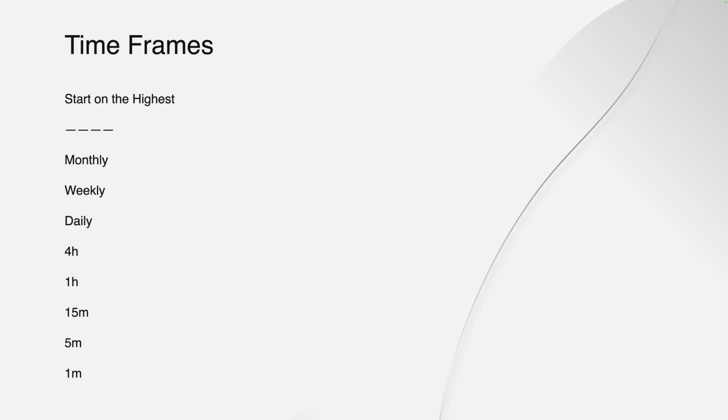And when every time frame is in context of one another, they're all aiming at the same premium array. That is extremely high probability for us to then look for trades. So before we dive into the 1 minute, we need to have a brief understanding of what the monthly is doing. Before we dive into the 5 minute, we need to have a brief understanding of what the weekly is doing, for example. So that is very important, understanding the time frames. Starting on the highest one, then working our way down.